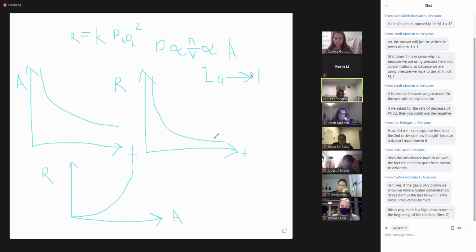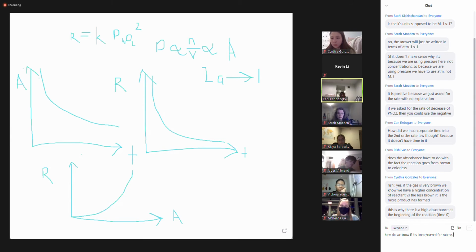So rate and absorbance are reacting the same way over time. They're both high at the beginning, they're both low near the end. So they must be proportional, not necessarily directly proportional, which is why we don't have a linear graph, but they're in some way related so that as one increases, the other increases. Okay, so then your final graph ends up being like what I have drawn right here.